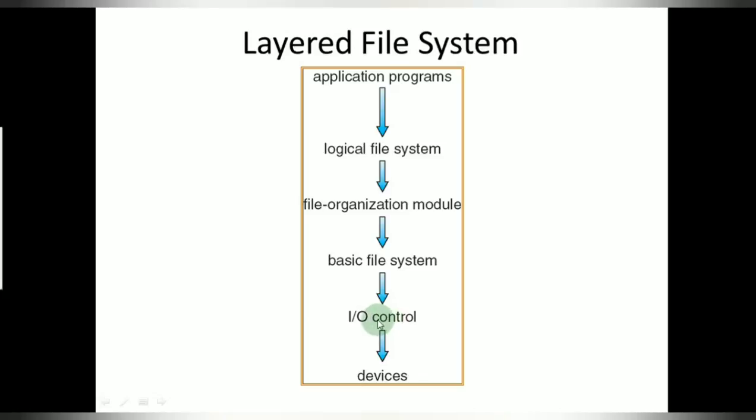So the IO controller consists of a device driver and interrupt handlers to transfer the information between the main memory and the disk system. The device driver can be thought of as a translator.